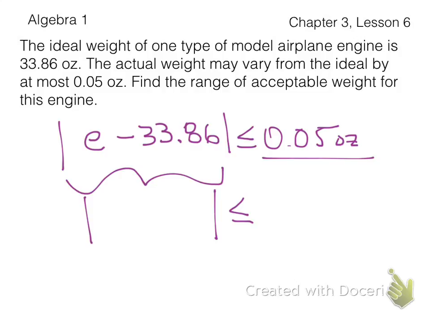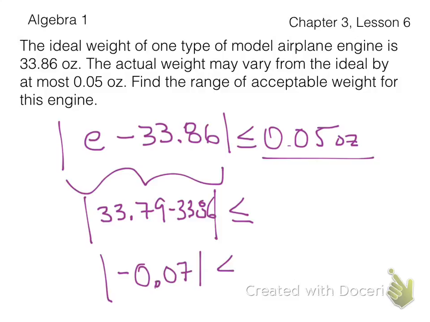So let's say we have an airplane engine that was 33.79. Well, if we subtract the ideal, we're going to get a negative number. So that's 33.79 minus 33.86, and we're going to get negative 0.07.